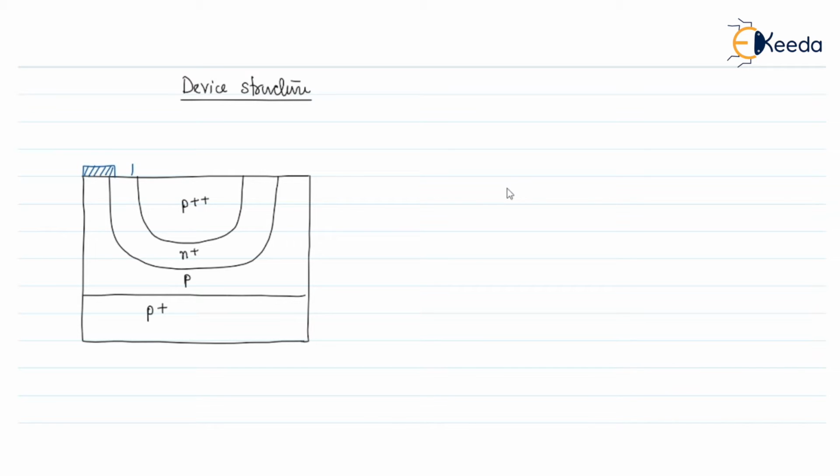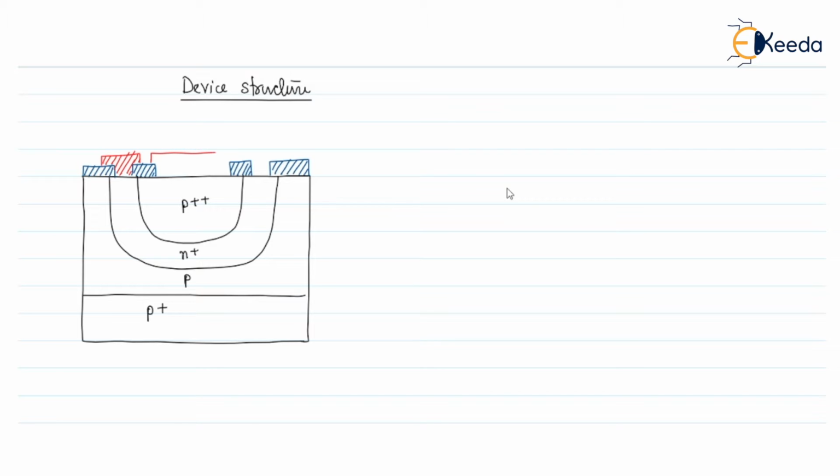Similarly, there will be a silicon dioxide layer here also, here, and here. Above this silicon dioxide layer, there will be a metal connection here. This is the metal connection required for making the terminals.